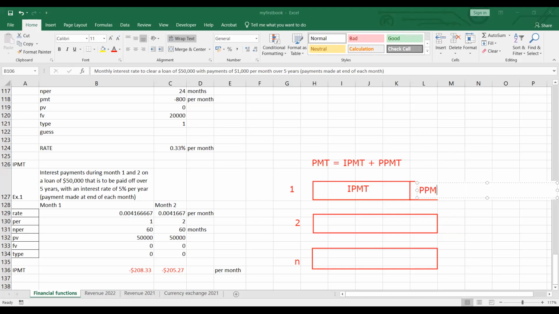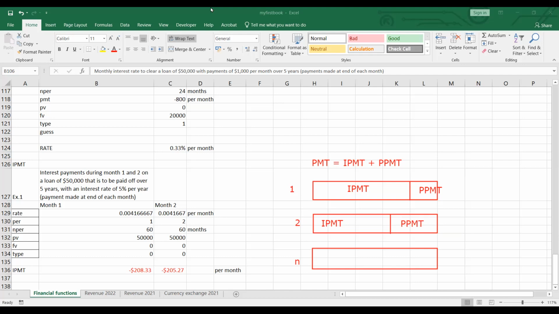The PPMT is just a little bit only. So when the time goes by, in the next period the interest payment is less, while the PPMT or payment on principal is more.